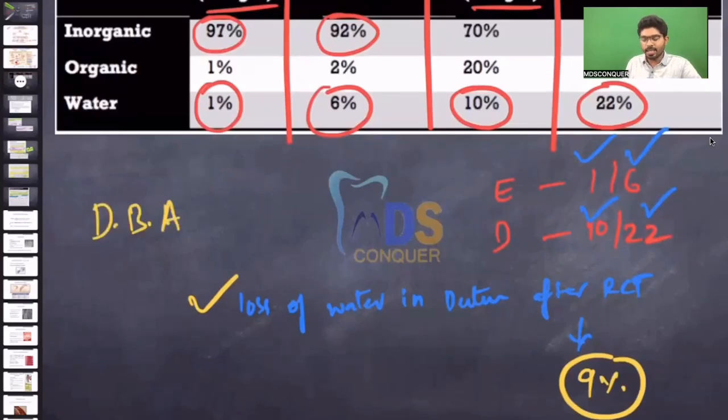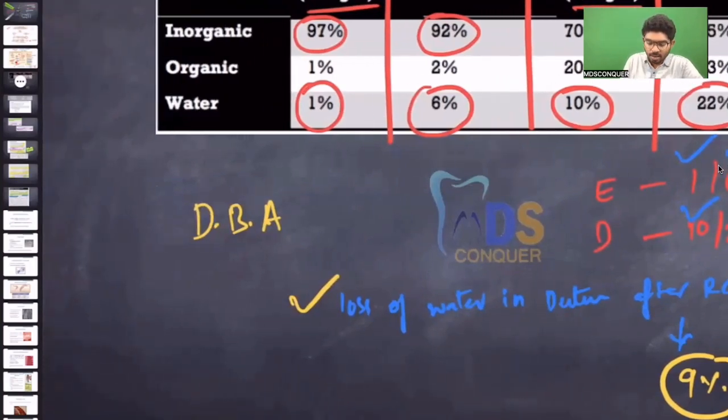So dentin bonding agents are having two bonds, right? One is hydrophilic bonding, and the second is hydrophobic bonding, right?